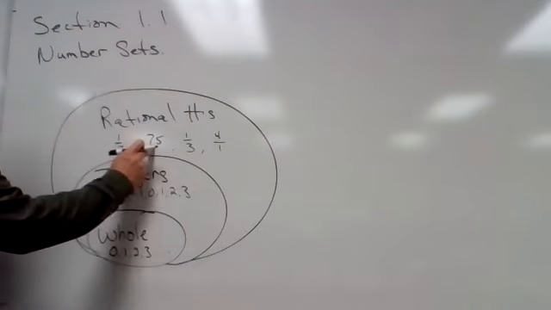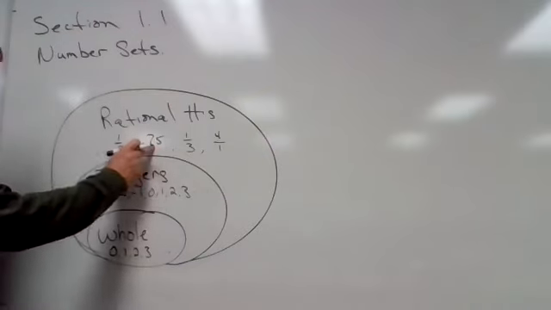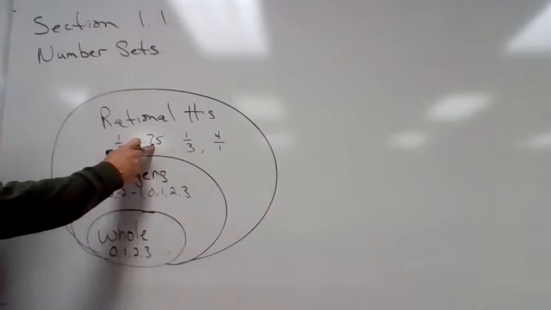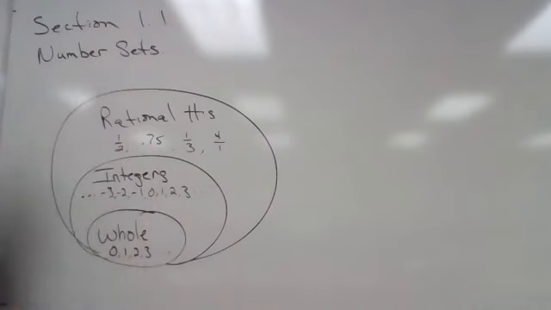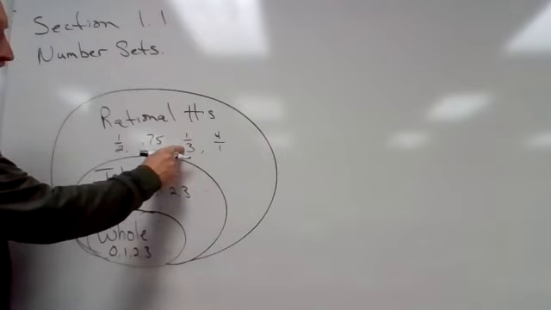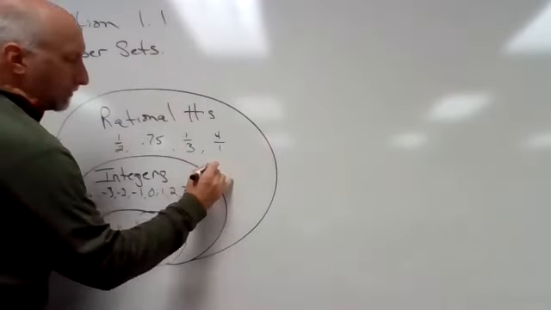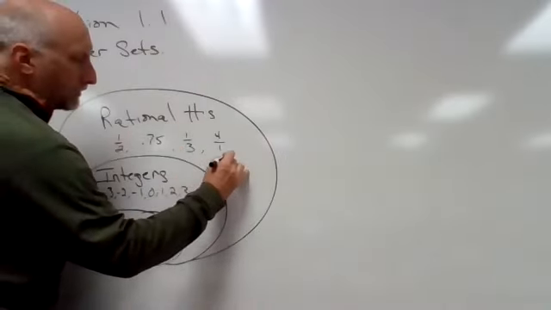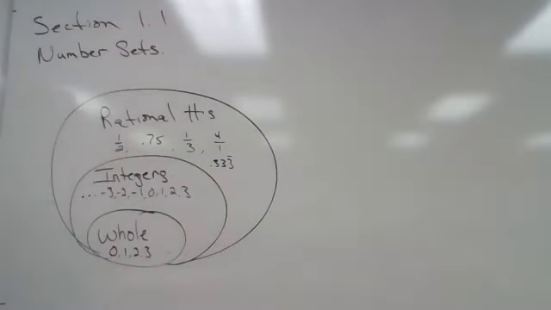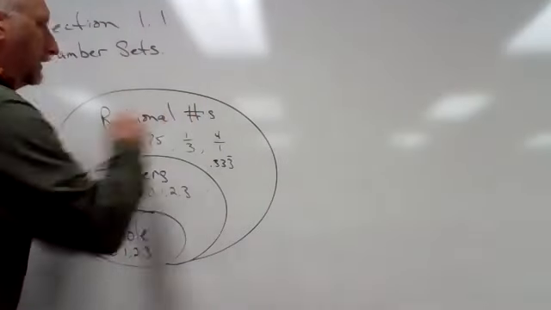And when they're written as a decimal, the decimal stops like 0.75 or repeats like 1/3. That decimal would be 0.333 repeating. So those are all called rational numbers, all right? Oops, forgot a little deal there.